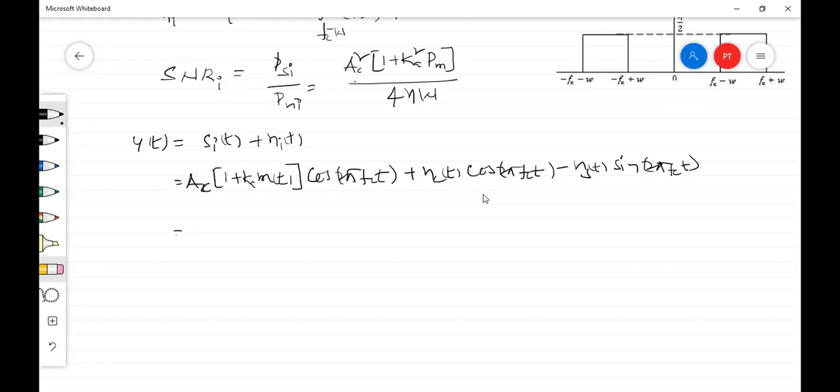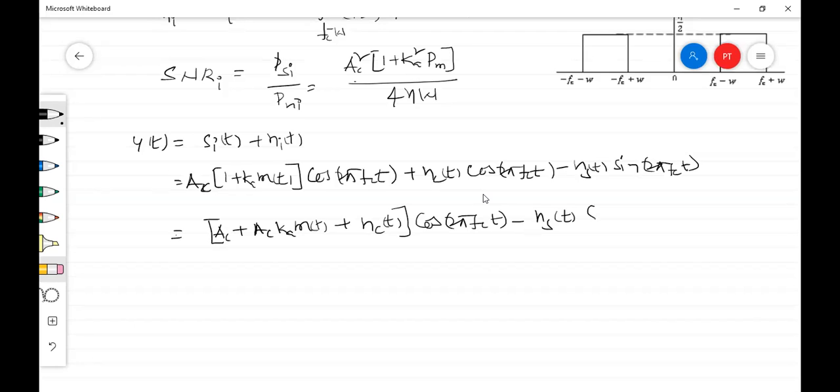Now I have to write this as a single sinusoid. So first I am adding these cos terms, AC plus AC into Ka into M of t plus NC of t, into cos 2 pi FCT minus ns of t into sine 2 pi FCT.